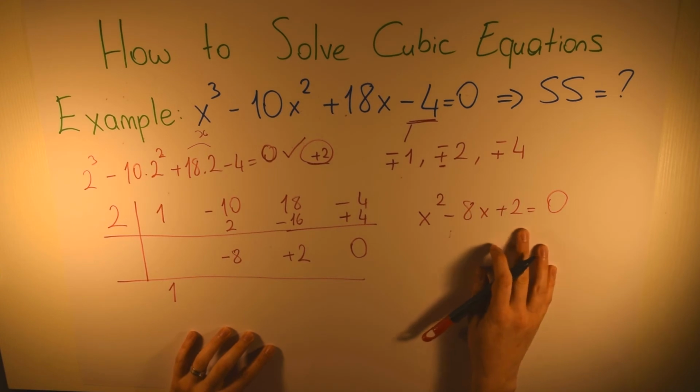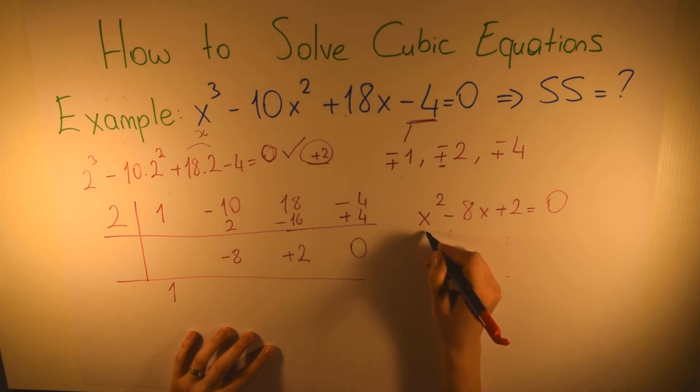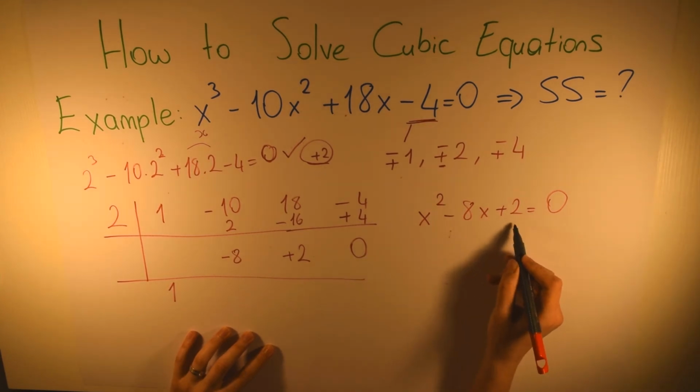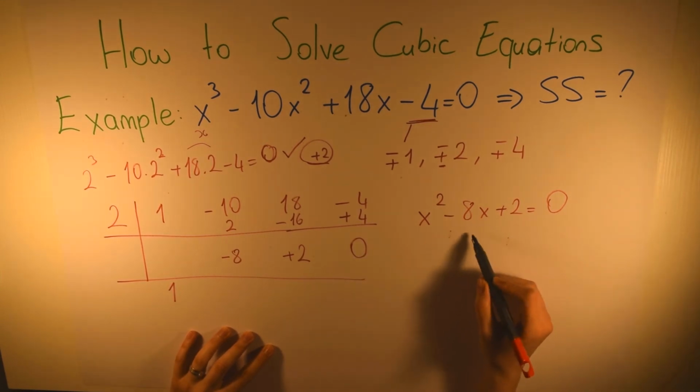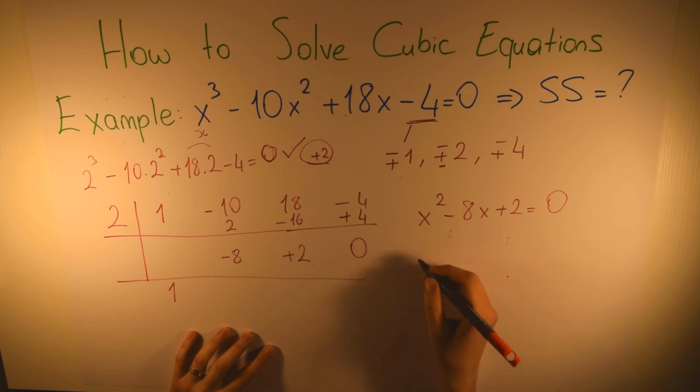After this point, I look if I can factor this equation, which I cannot. When I write x minus 2, x minus 1, no, it doesn't make minus 8, so I have to use the quadratic formula. Let's first find our discriminant.